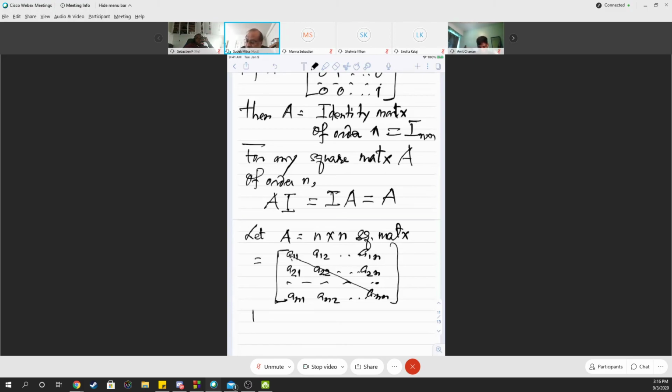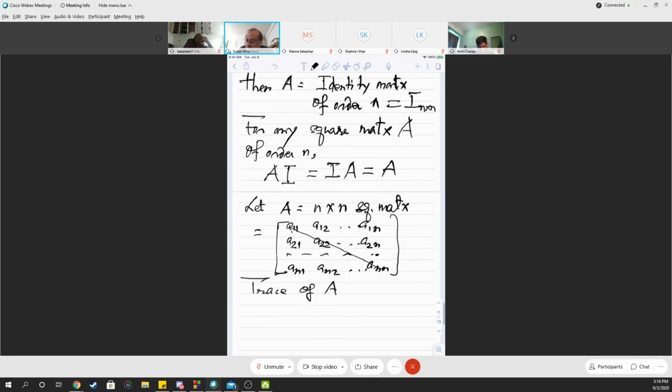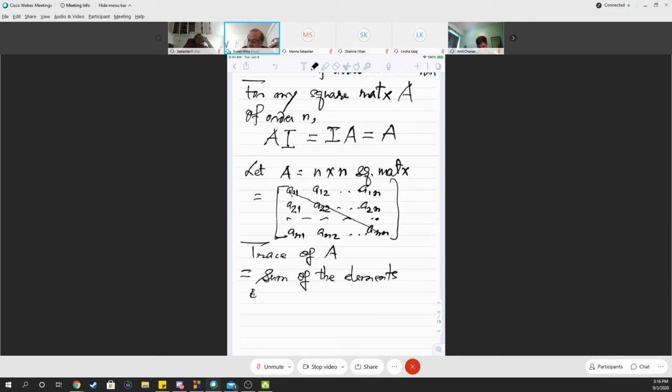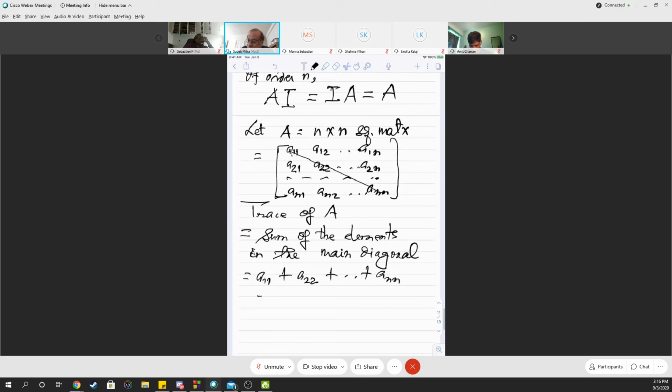The trace of A is equal to the sum of the elements in the main diagonal. That is A11 plus A22 plus up to Ann. That is sigma Aii, i goes from 1 to n.